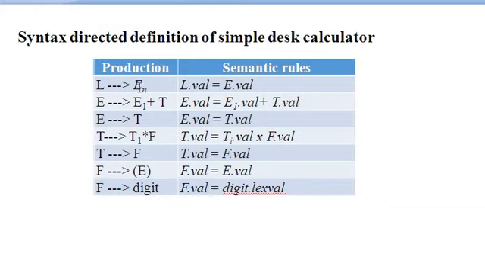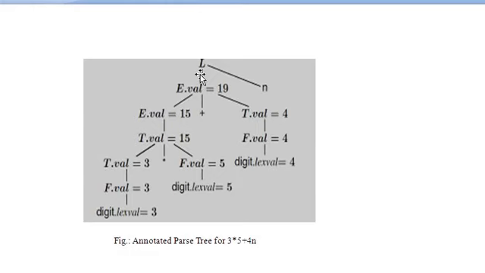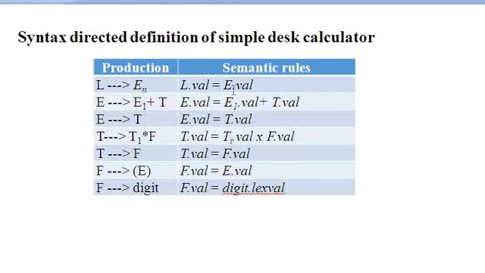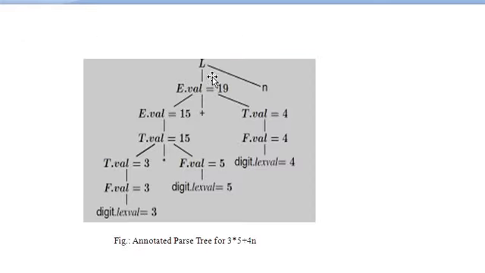L gives E n. The value of E dot value is stored in this non-terminal. So E dot value is stored in L dot value. So your final answer is 19, which is stored in L dot value.